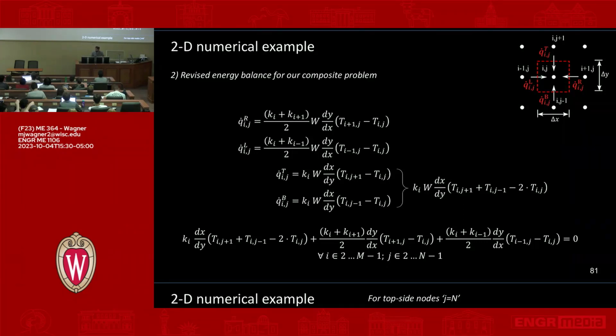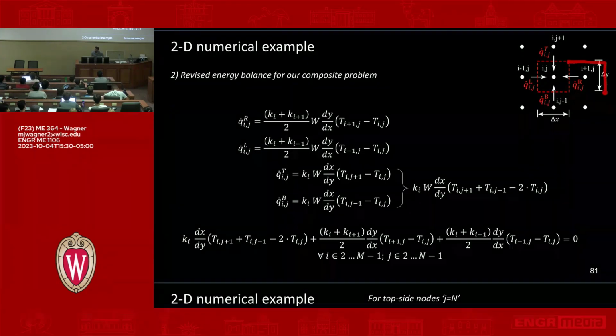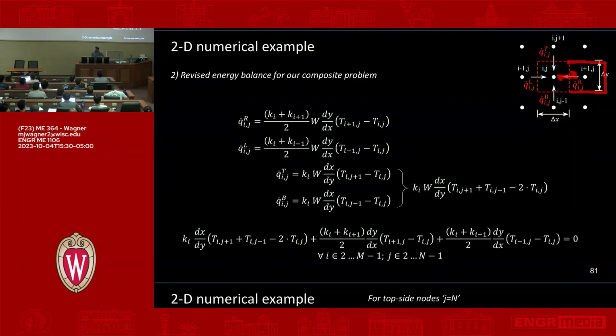For example, in this control volume up here, if I'm going to compute the heat flow from node i+1 to node i in this direction, it's going to have to agree exactly with the heat flow in the other direction when I create a control volume around this node. Right? Those have to be the same value.